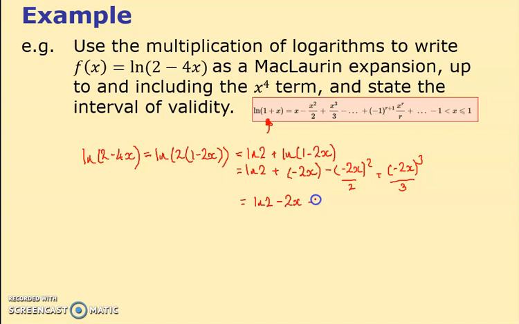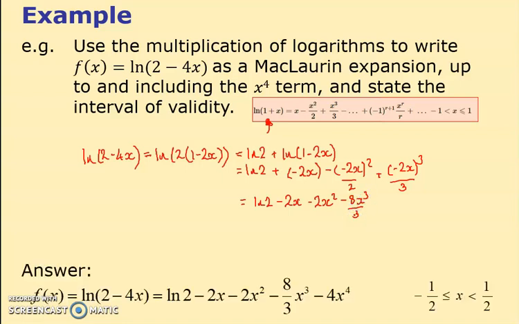I think it's minus 2x squared, and this is minus 8x cubed over 3. Yeah, oh, I wanted an extra term. It says up to the 4th term, which, well, obviously that would have been minus 2x to the 4 over 4, which is 16 over 4, which is, oh, and it would also have been a negative, yes, plus minus, so it does give me eventually minus 4x to the 4.